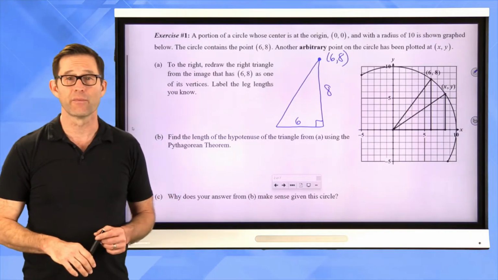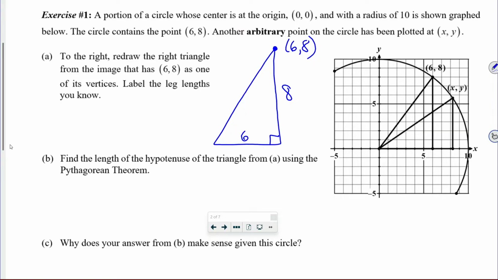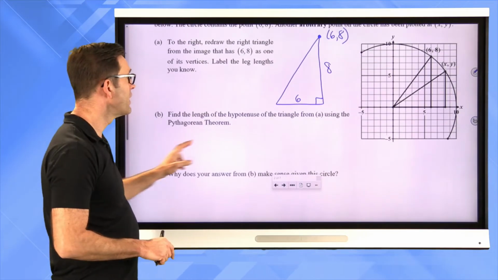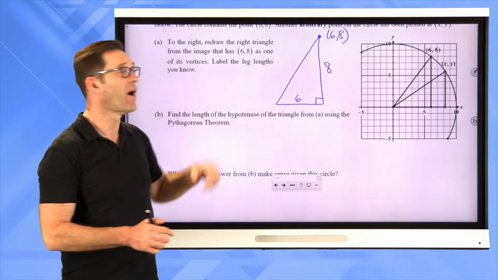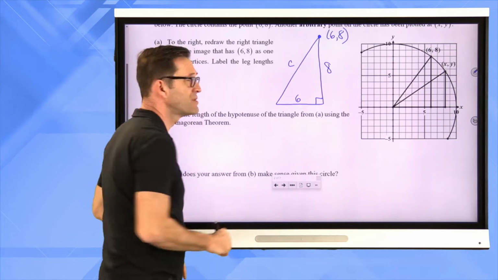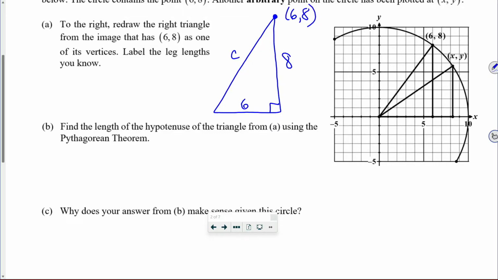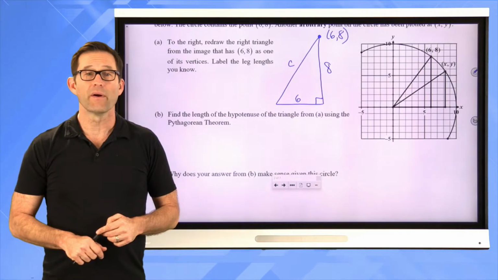Now let's take a look at letter B. Find the length of the hypotenuse of the right triangle from A using the Pythagorean theorem. Awesome. Why don't you go ahead and do that? Take a moment to do that. All right, let's do it.